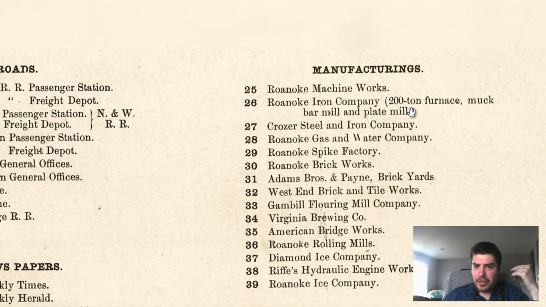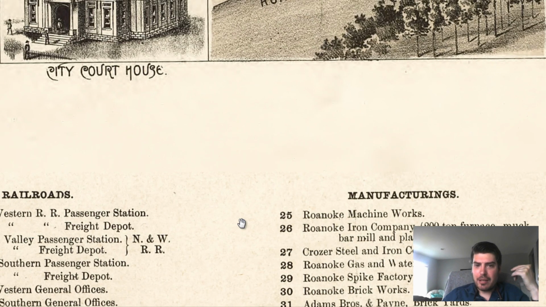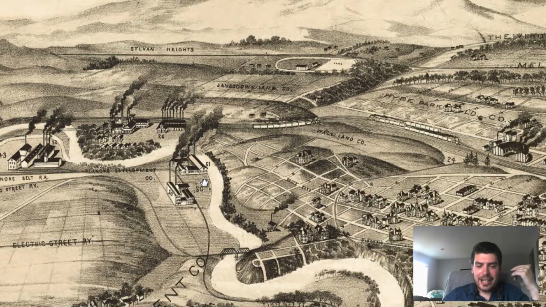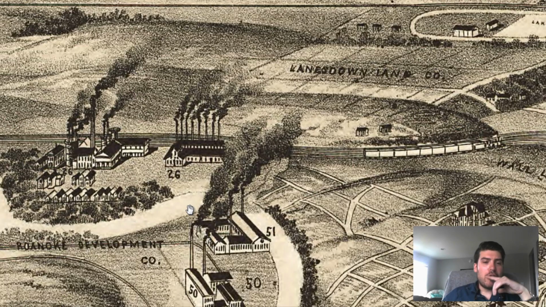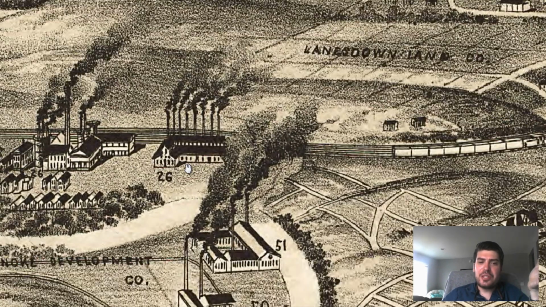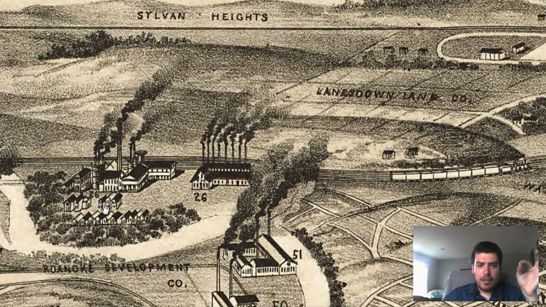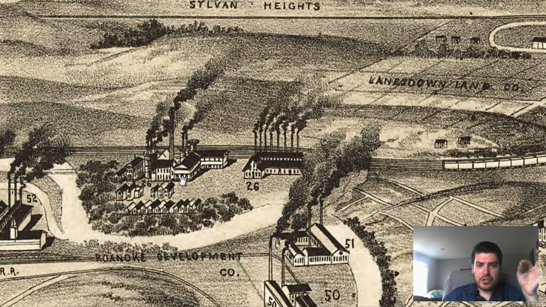Roanoke Iron Company, 200-ton furnace, muck bar mill, and plate mill. Cool. Producing iron. So, is it possible that they were extending the railroad and that this was the iron that was going to branch out from Roanoke? Very good possibility. And we can see 26, there are 2 sites labeled right here.